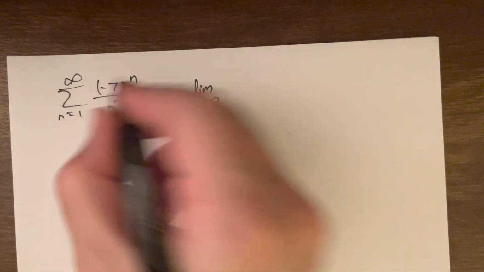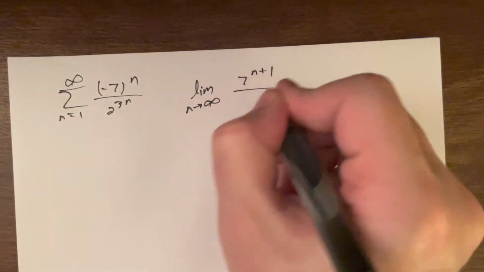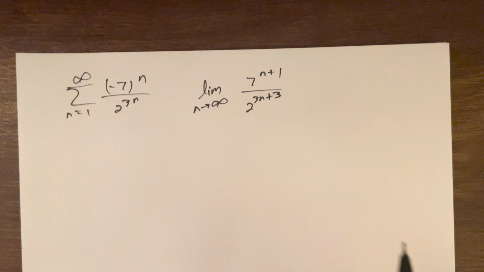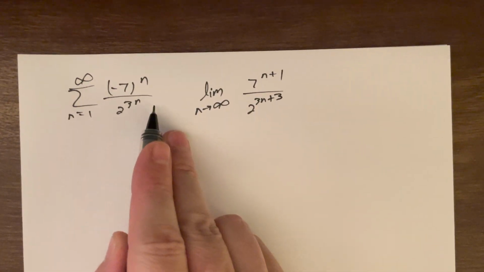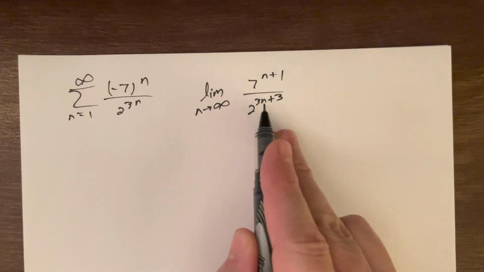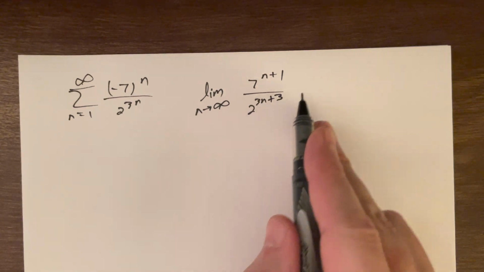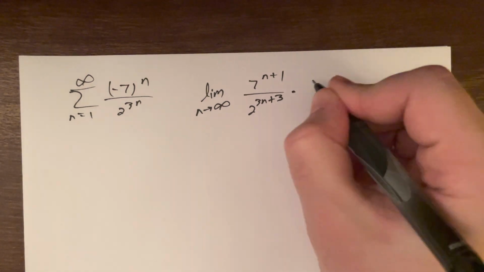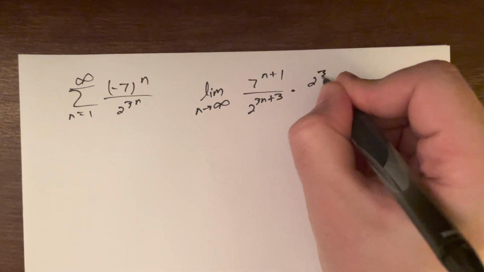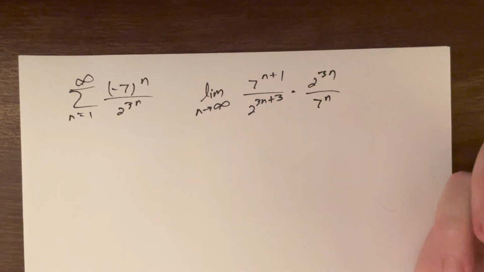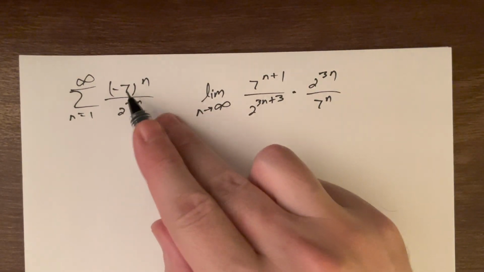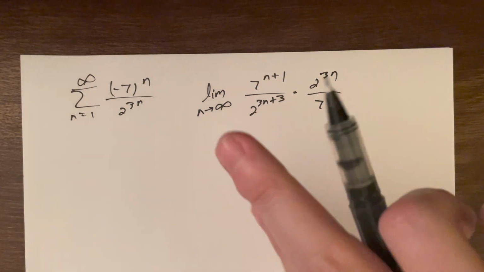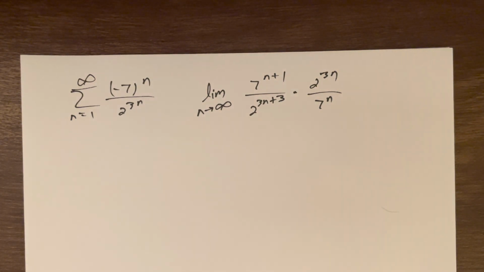Absolute value makes that a positive, replacing n with n plus 1. Here I'm already distributing: 3 quantity n plus 1 becomes 3n plus 3. That's the absolute value of a sub n plus 1 divided by the absolute value of a sub n. So the absolute value, again, that -7 became a positive, and dividing by the fraction, I already flipped and multiplied by the reciprocal.